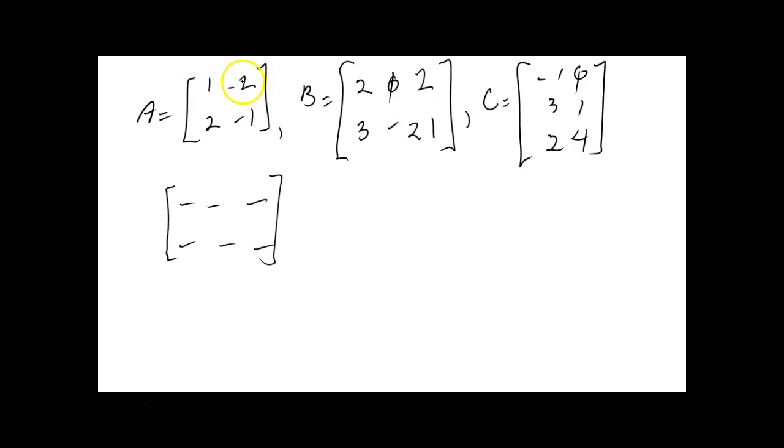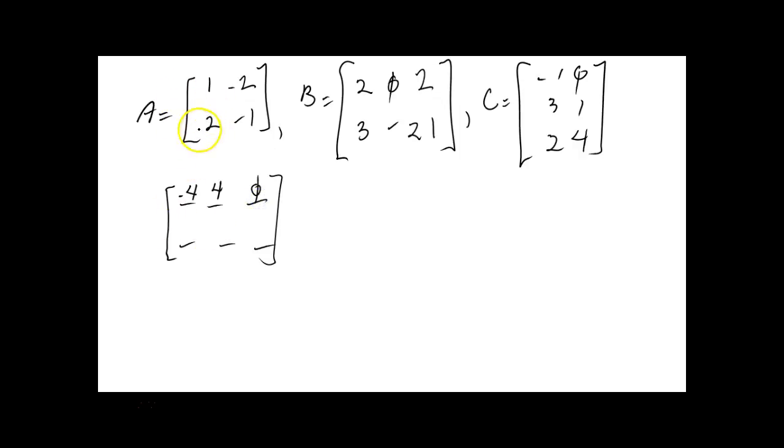That'll be 2 plus a negative 6, which would be a negative 4. The 1, 2 entry, first row by second column, would be 0, 4. The 1, 3 entry would be first row by third column: 2 minus 2 is 0.